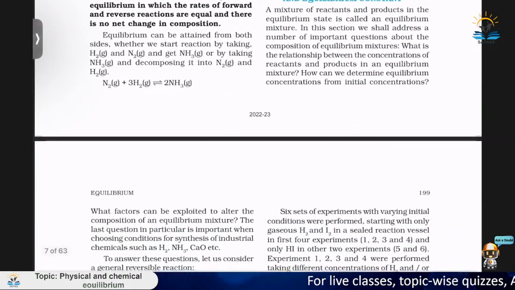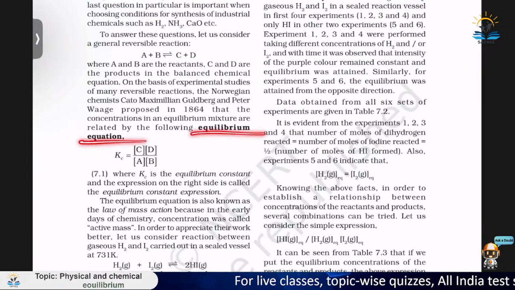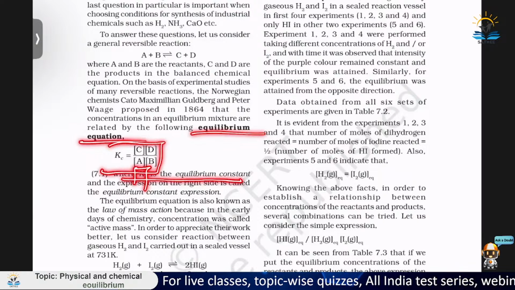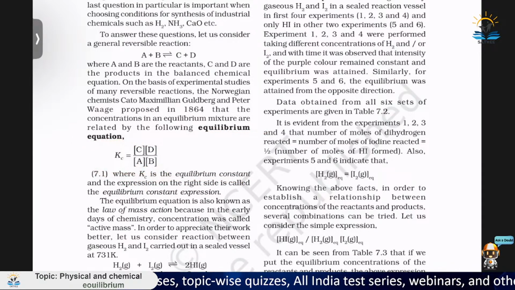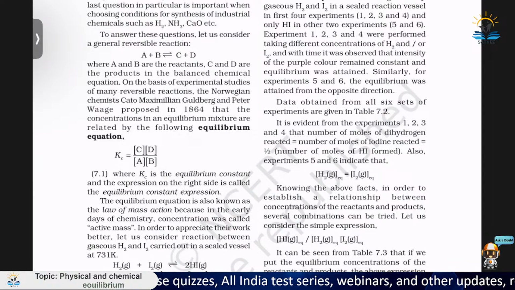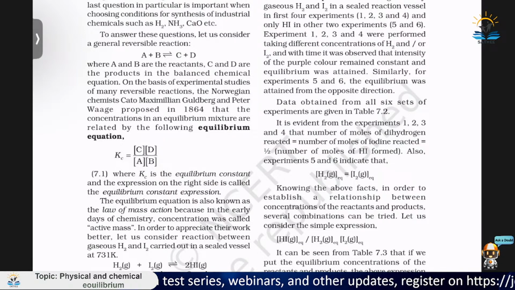Next, the formulas which are important. Firstly, the formula of the equilibrium constant. Kc is the equilibrium constant and this is the formula of Kc. C denotes concentration.